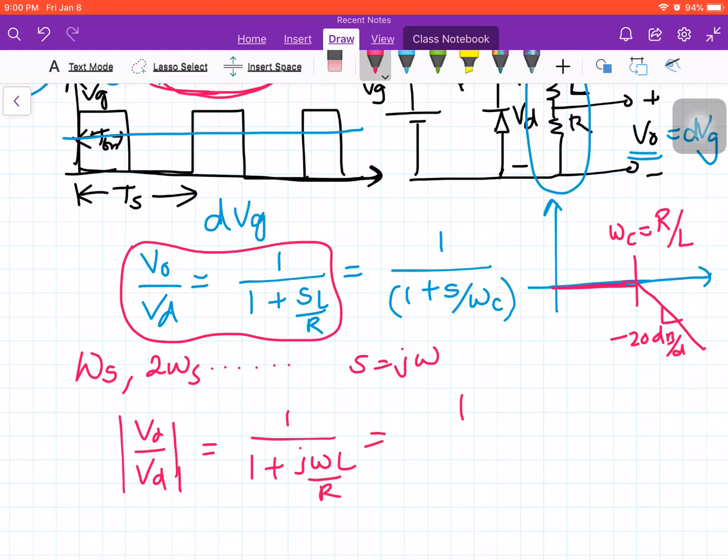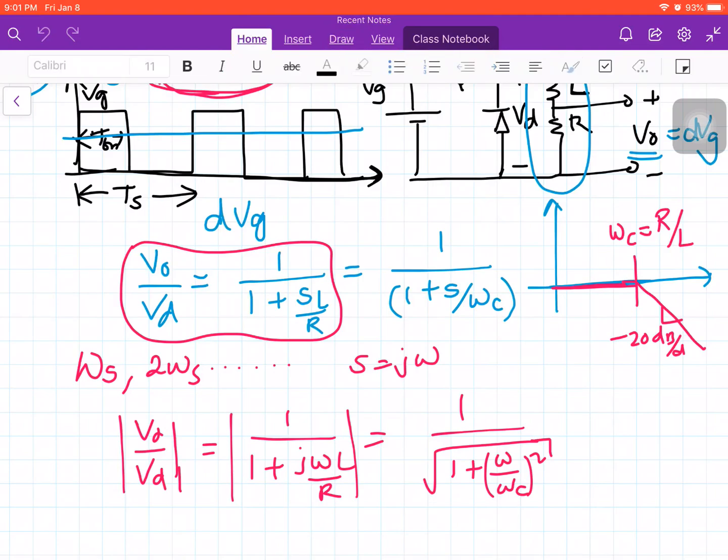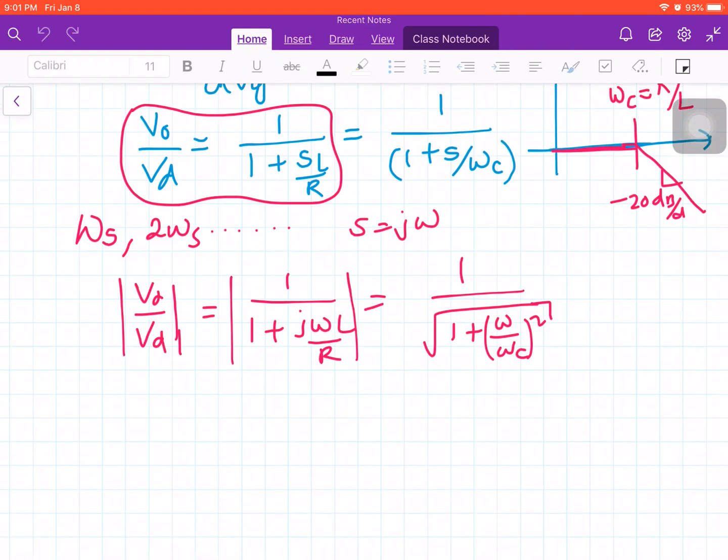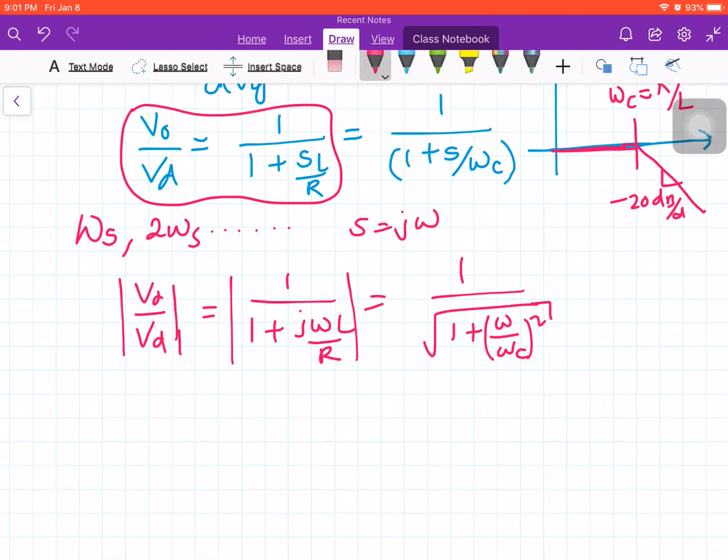If I take the magnitude of this complex number, it would be the square root of 1 plus omega by omega c squared, right? So it can be seen here that the magnitude of V0 is equal to the magnitude of VD divided by this particular term.